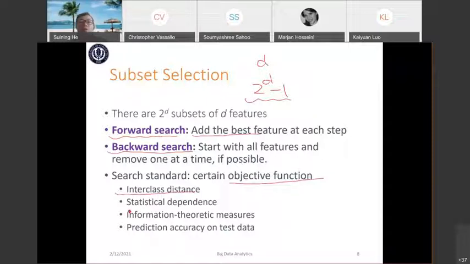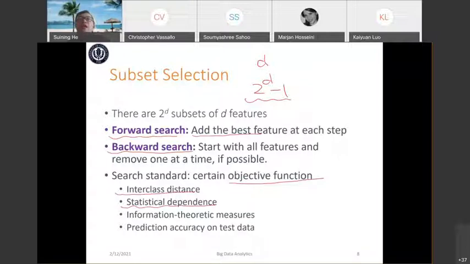And also there is the statistical dependence between those different features. If we know that some of the features may have correlations, meaning that if one feature has an increase or decrease trend, we can also observe a similar increase or decrease trend on another dimension.